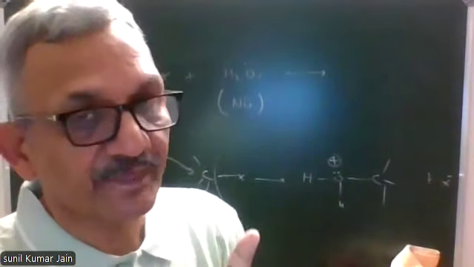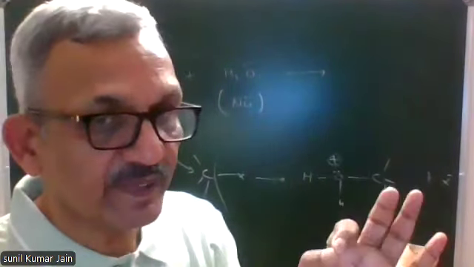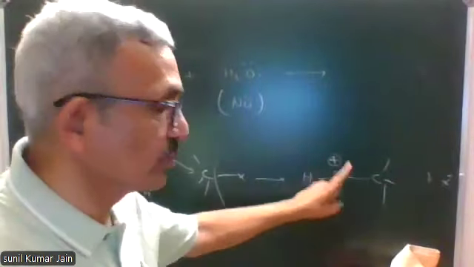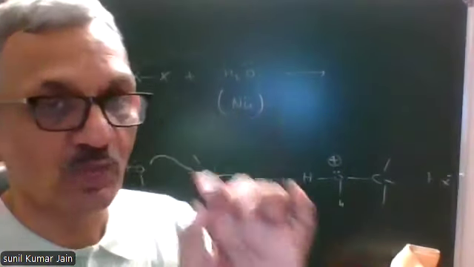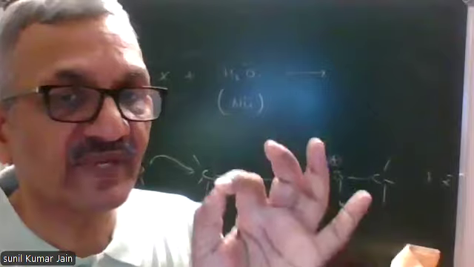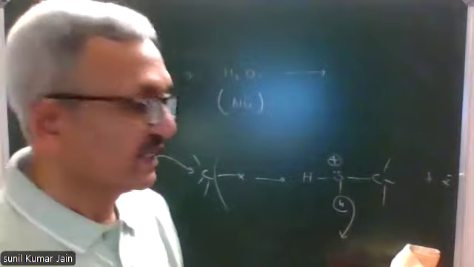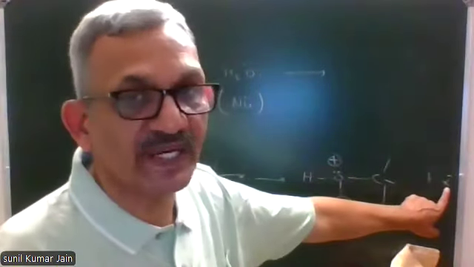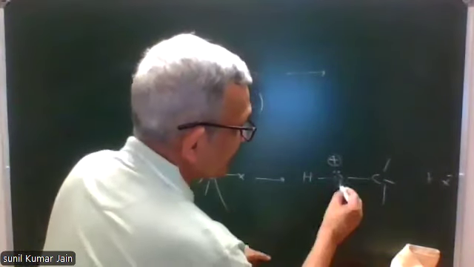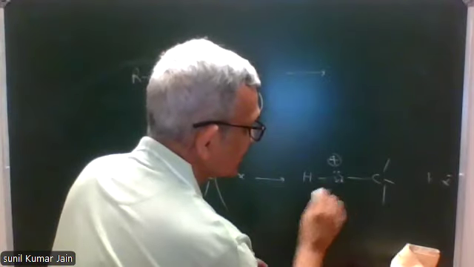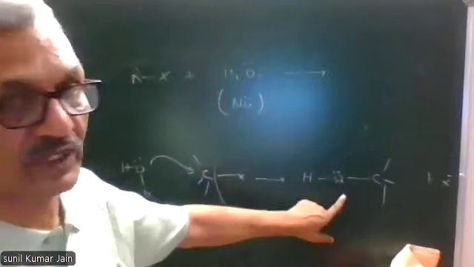At the same time, as it forms a bond with the electron deficient carbon, from the nucleophilic part a small positive ion will be eliminated. This is a small positive ion, H plus. This H plus later combines with X minus to form HX. These two electrons will be left with the oxygen atom with a negative charge. This negative and this positive will become neutral.